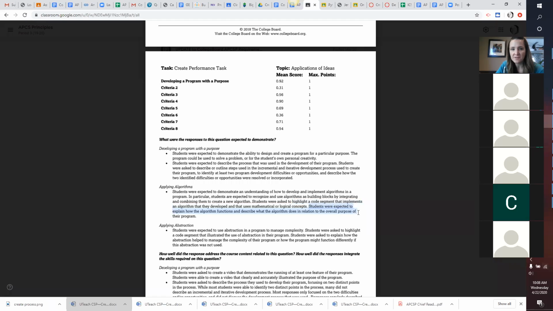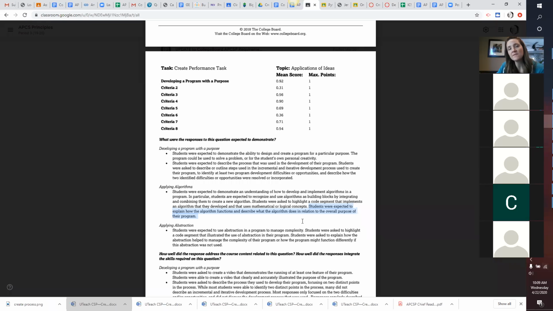Students are expected to explain how the algorithm functions and describe what it does in relation to the overall purpose. Some of you wrote things like, this algorithm bounces the ball, or this algorithm runs the paddles. That's probably not enough.